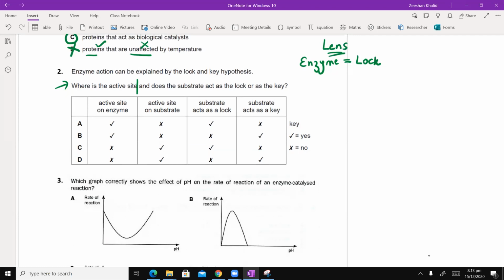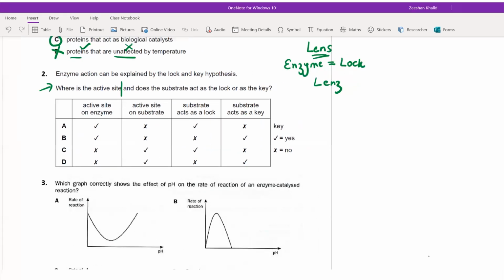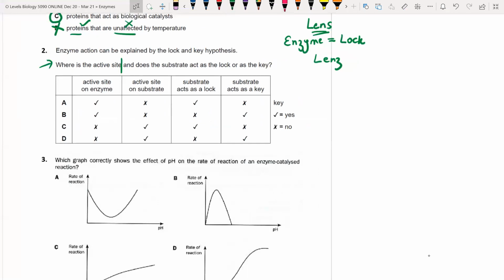But I want you to remember the wrong spellings of lens. That will actually help you to remember what I want you to remember. So lens, which means the following: lock is the enzyme. You understand? So just by remembering the word lens, you would immediately remember, oh, enzyme is the lock. Okay, and of course substrate is the key.